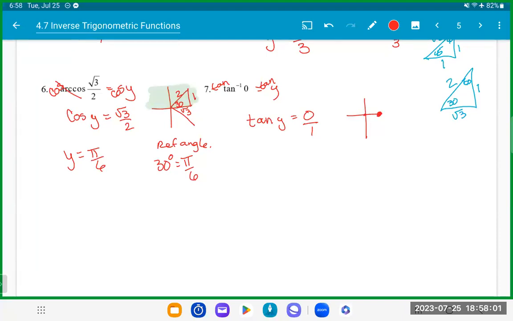Tangent: my opposite is 0, so I didn't go up at all, and my adjacent side is 1, so this is the point (1, 0). And so my y is 0. We can see that, so it's actually on the axis.